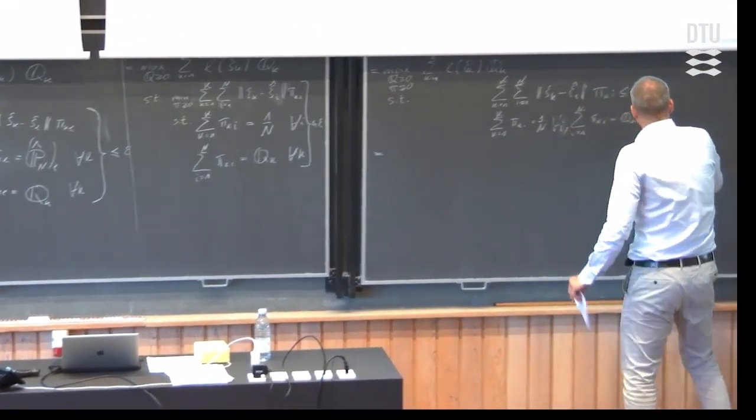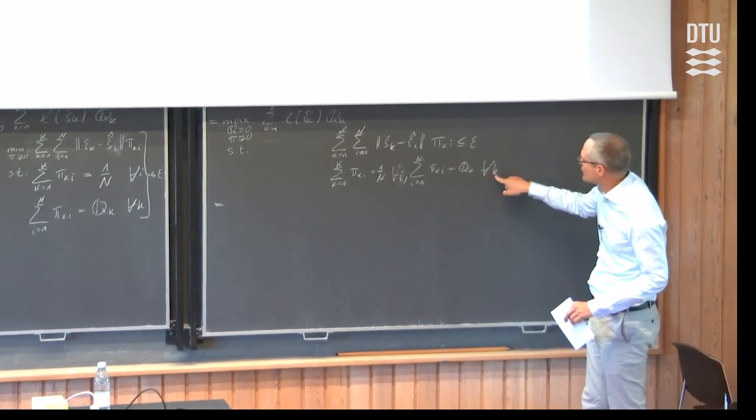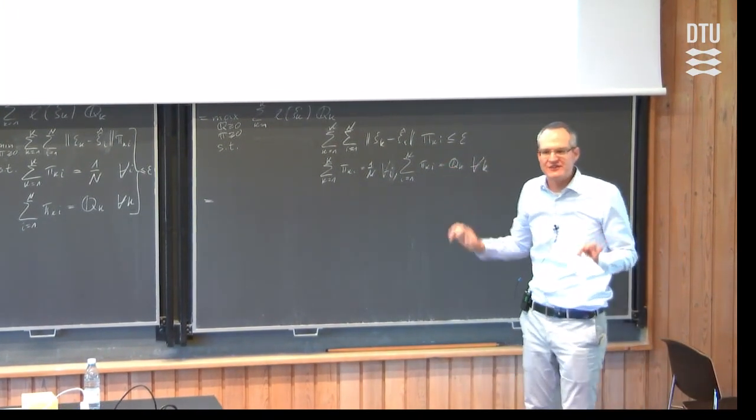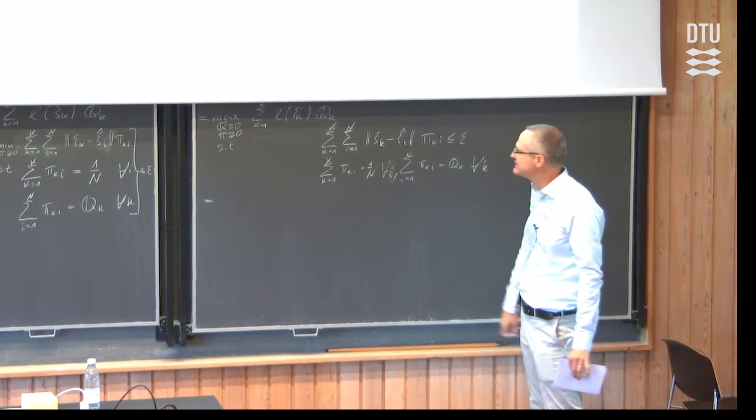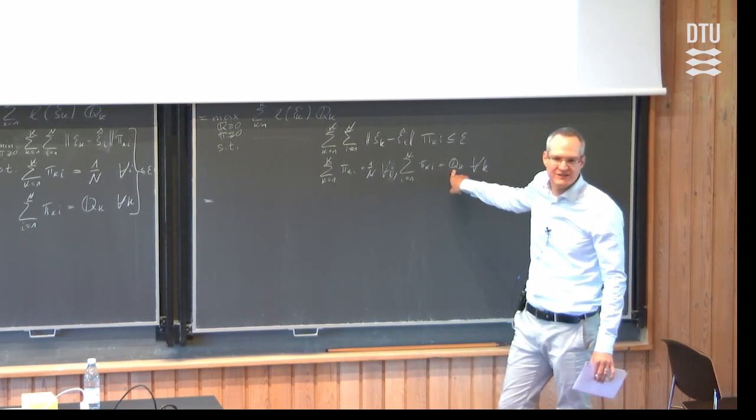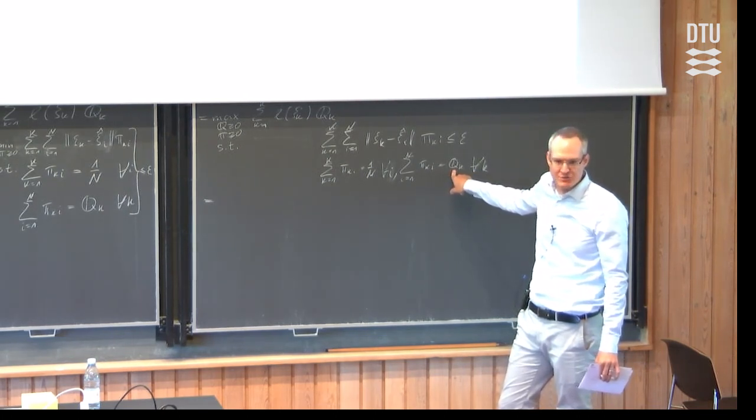Of course, this constraint holds for all k, and we would like to think of K as being infinite. So this is a linear program with infinitely many constraints, as well as infinitely many variables, because we need a Q_k for each k. So this is a finite approximation of an infinite linear program.